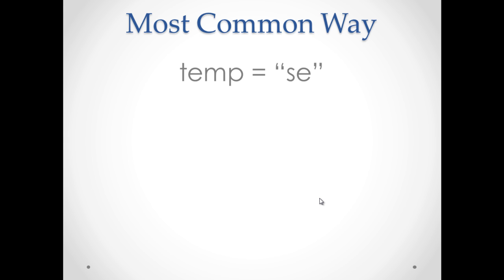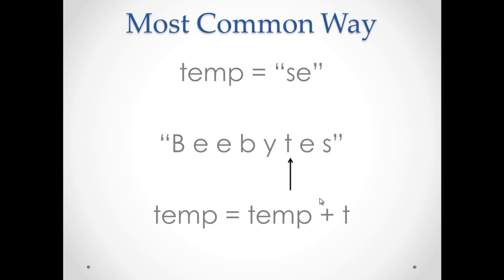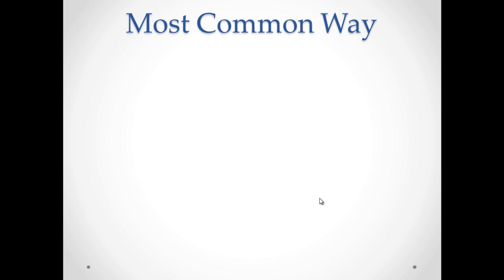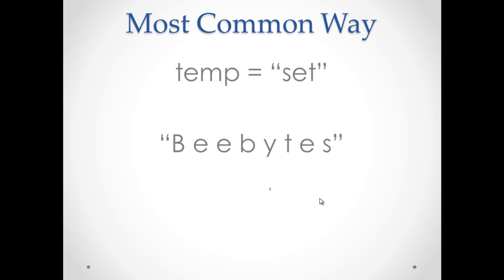Now the temporary variable contains the string "se", and we will repeat the same process. This time we will take the third last character and concatenate it to the temporary variable. Now the temporary variable contains the string "set", and now we will take the fourth last character, which is nothing but a y, and concatenate it to the temporary variable.